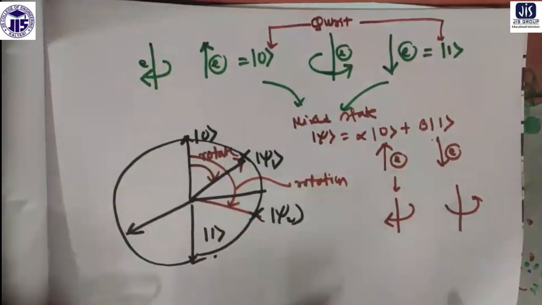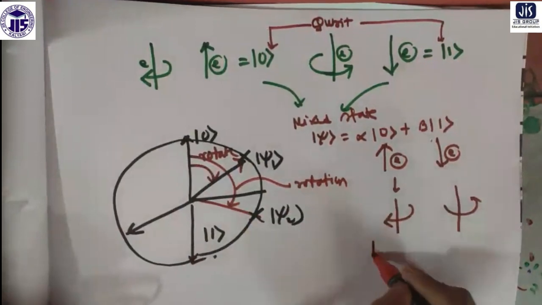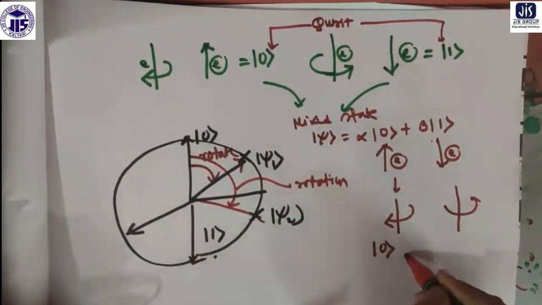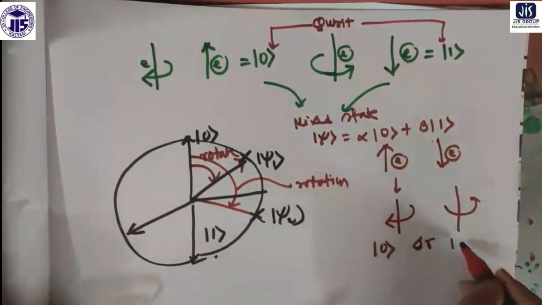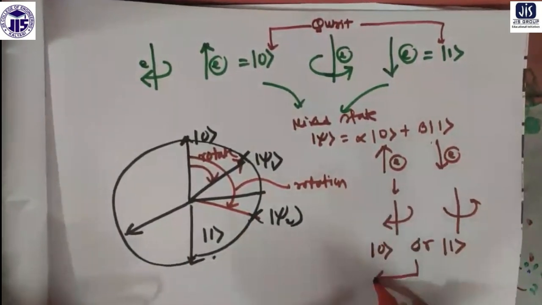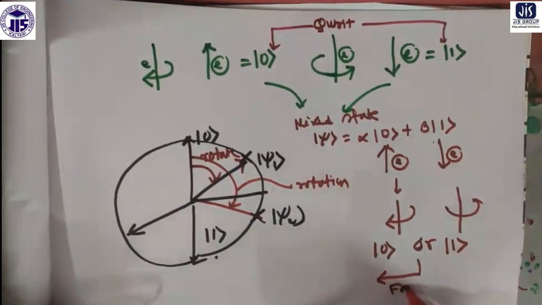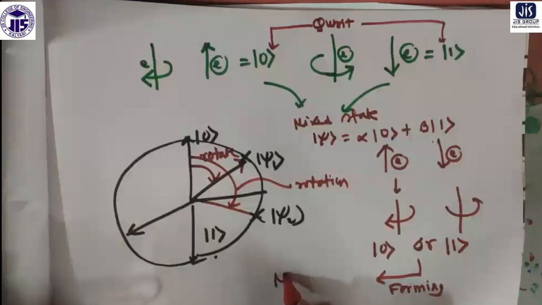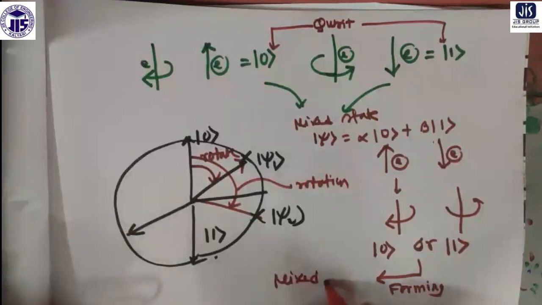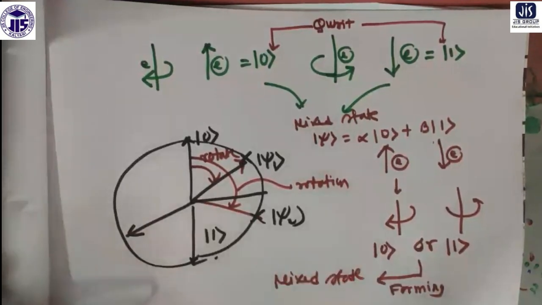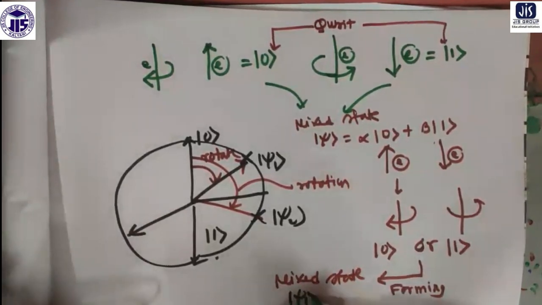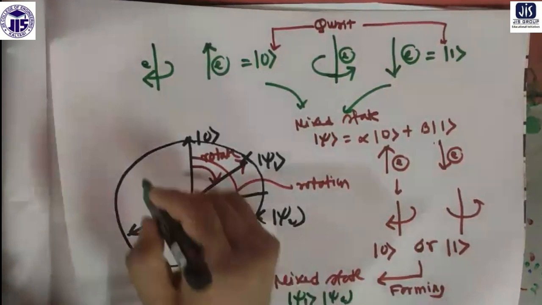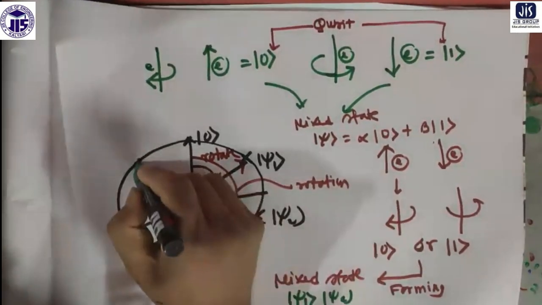So when you are going from the 0 state or 1 state and forming the mixed state, according to my picture, say psi 1 is a mixed state, psi 2 is a mixed state, and this may be another mixed state, I may call it psi 3.